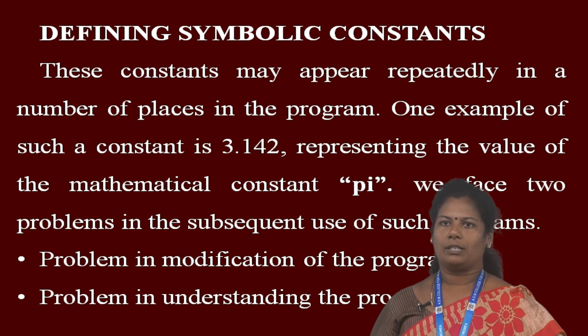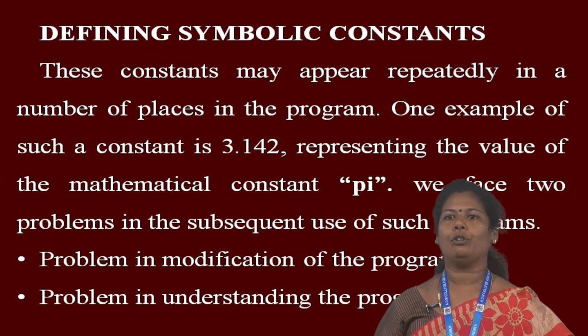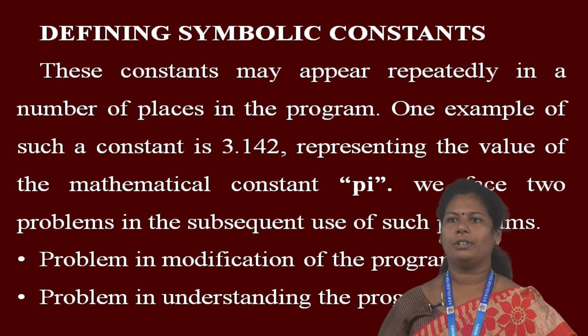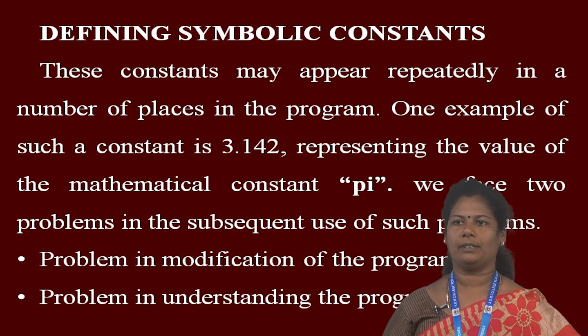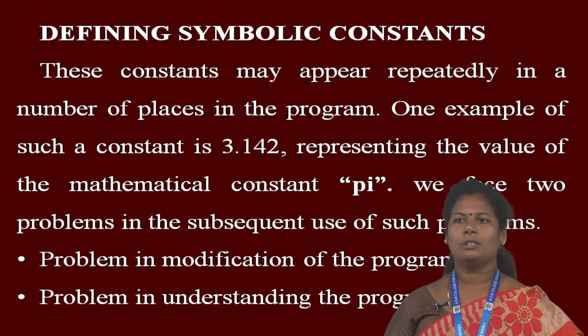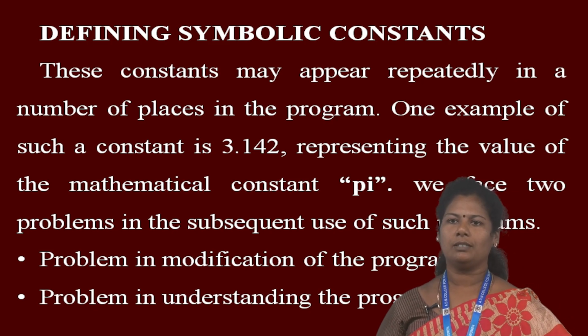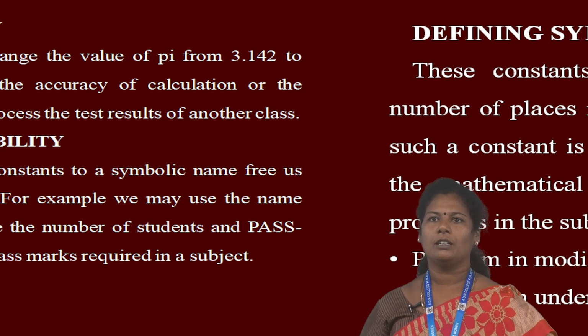Defining symbolic constant. These constants may appear repeatedly in a number of places in the program. For example, such a constant is 3.142, representing the value of the mathematical constant pi. We face two problems in the subsequent use of such programs. First one is problem in modification of the program and second one is problem in understanding the program.